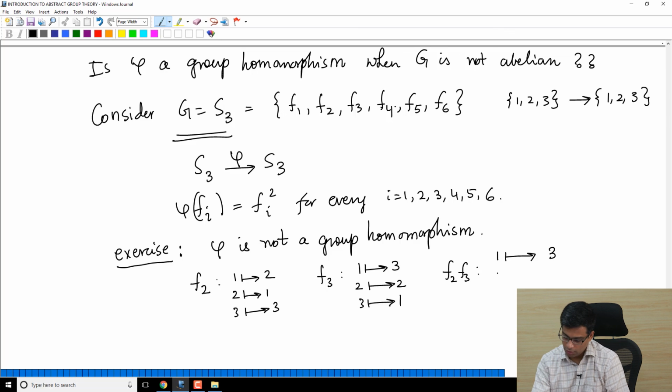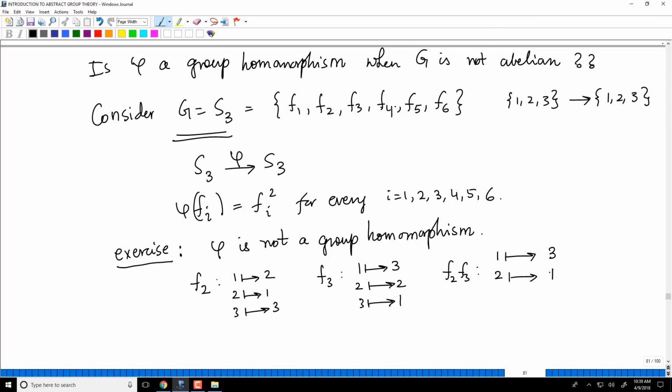So 1 goes to 3, 2 goes to 2 and then 1, 3 goes to 1 and then 2. This is the same as 1 goes to 3, 2 goes to 1, 3 goes to 2, which in the notation is f6. So f2 f3 is f6.